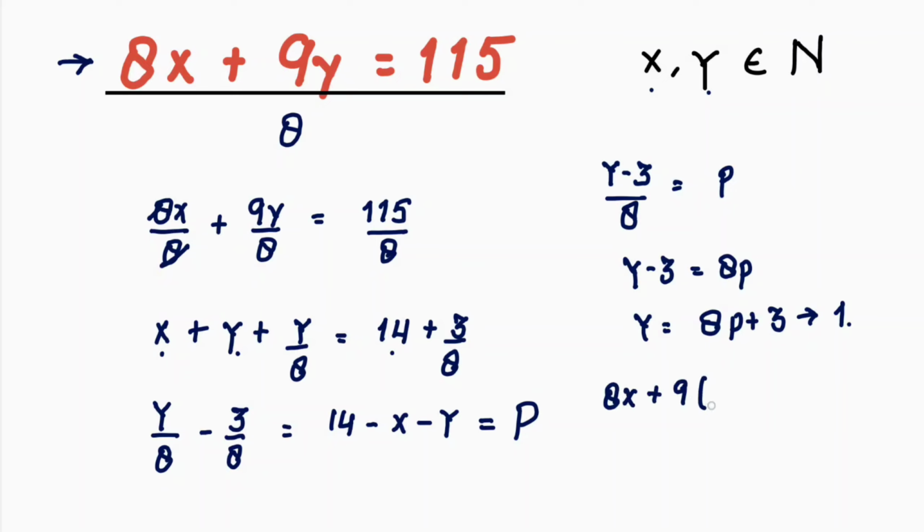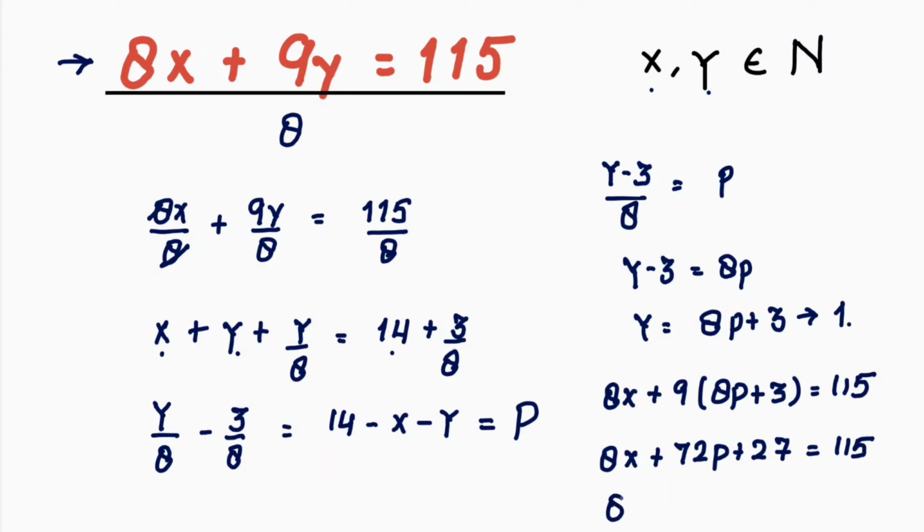8x + 9(8p + 3) = 115. Subtract 27 from both sides: 8x + 72p = 88.